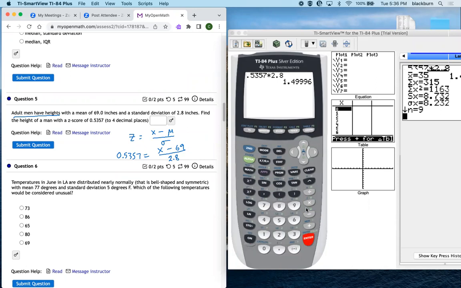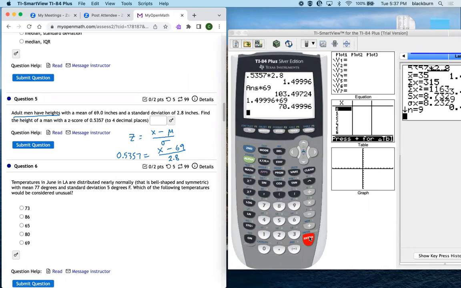And then I'd have to add 69 to that. 1.49996 plus 69, so 70.